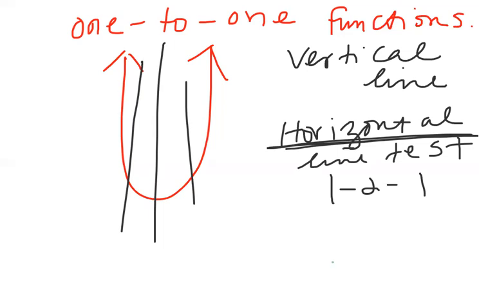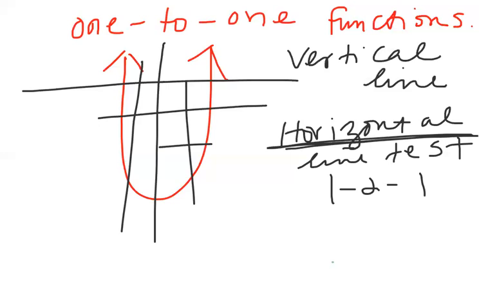So as in, for every x, there's exactly one and only one y value. So how do we do the horizontal line test? You draw a horizontal line anywhere through the function. Ooh, let me use a different color. If it intersects the graph once and only once, it's a one-to-one function. But guys, notice everywhere we draw this horizontal line, it's intersecting the graph more than once.